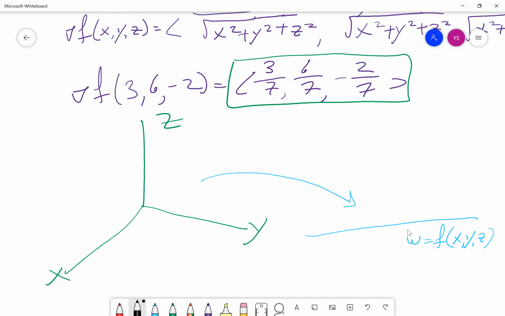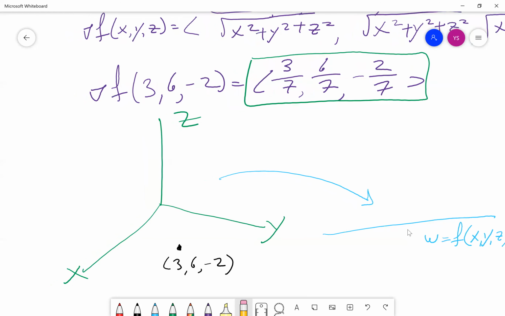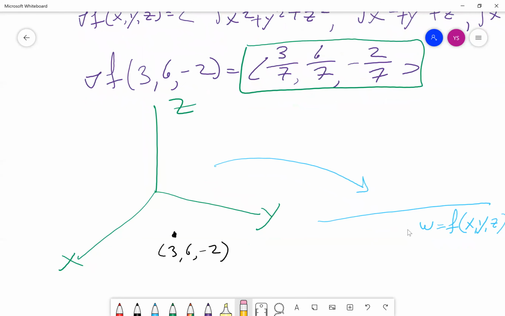And if you're at the point (3, 6, -2), so maybe some point down here, and you go in the direction of (3/7, 6/7, -2/7), so let's say that is something like this direction over here. That's your gradient vector. Then in that direction, taking a very small change is the greatest change that you have in the value of f.